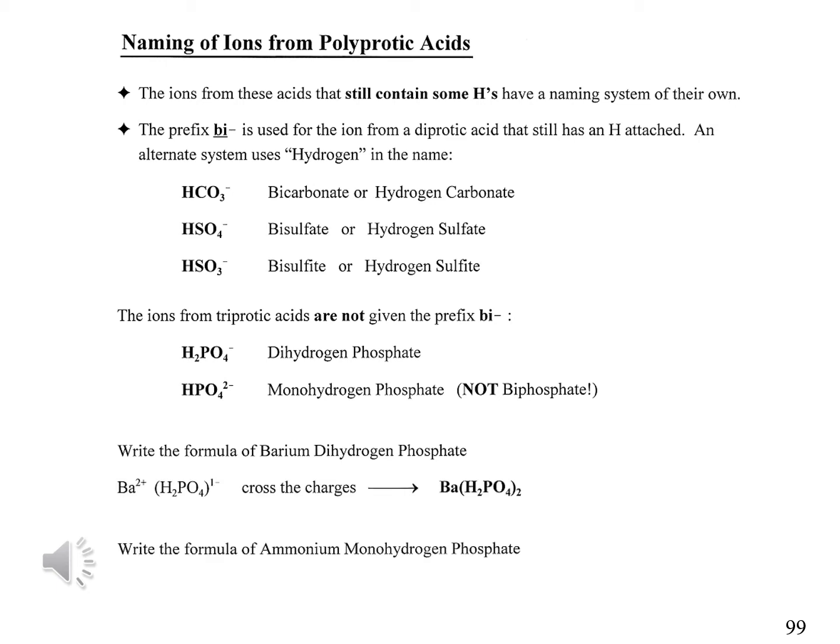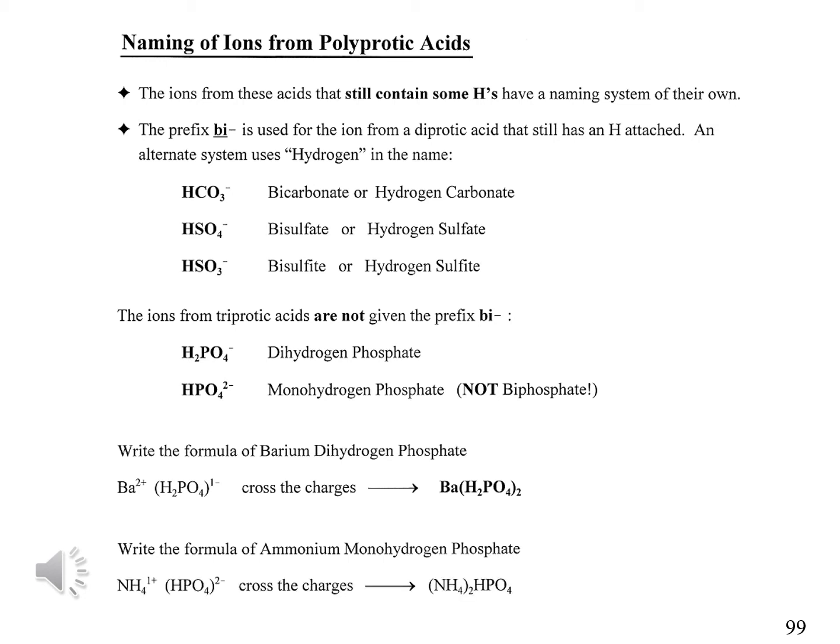You would put barium 2+ first, and you have to know that H2PO4 is -1. The way I remember it is, you know PO4 is -3, so if you add 2 H+, you get a -1. And then you cross, and those ions look just like a regular ionic compound.